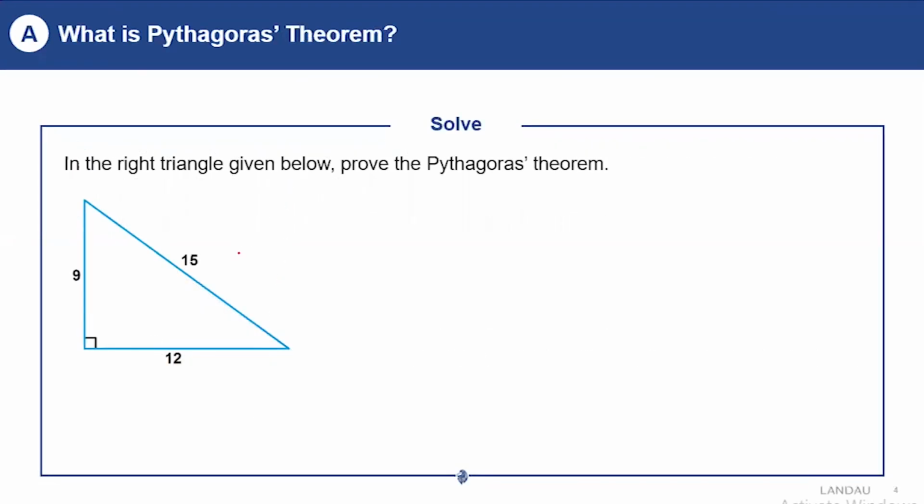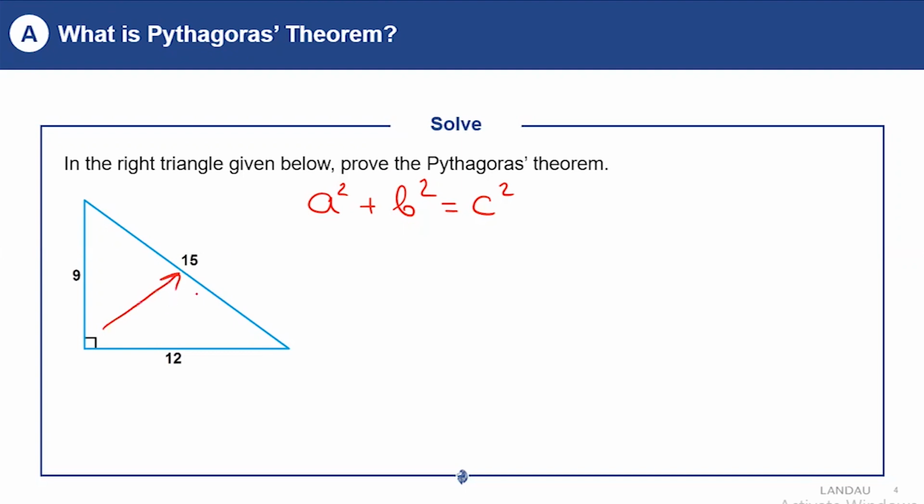The right triangle is given here, and as you see, we have three sides for this right triangle, 9, 12, and the hypotenuse is 15 centimeters. We need to prove the Pythagoras theorem. If we want to prove it, firstly, we need to write the formula. It will be A squared plus B squared equals C squared. We learned that C is the hypotenuse and A and B are the two sides of the given right triangle. And on the other hand, we said that the hypotenuse will be opposite the right angle.